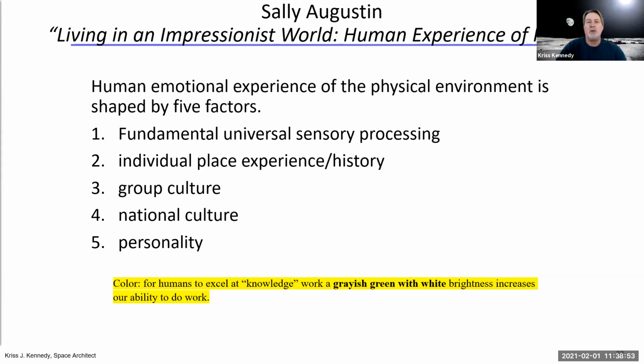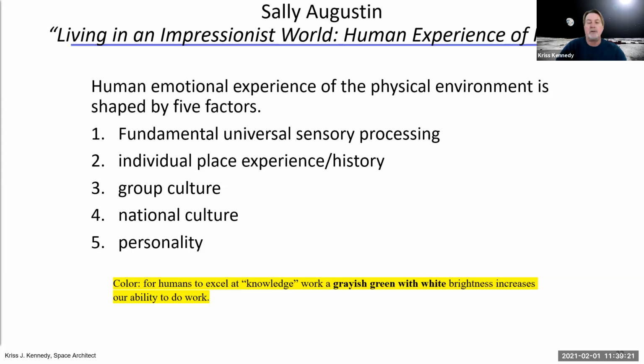Sally Augustine, who developed Living in an Impressionist World, Human Experiences of Places, really addressed it from the standpoint that the human emotional experience of the physical environment is shaped by five factors: the fundamental universe, sensory processing, individual place experience and history, group culture, national culture, and personality.